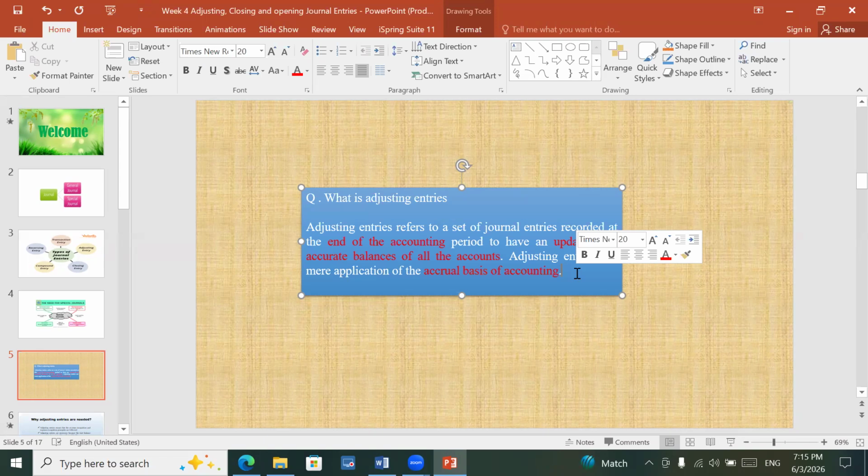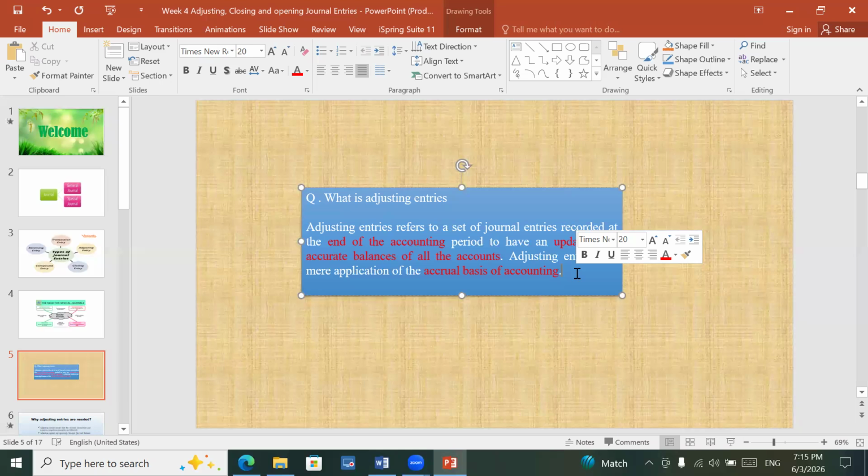So to be an adjusting entry, there must be three criteria. Number one, the adjusting entry is made at the end of the accounting period. Number two, to know the updated balance of all accounts. Number three, the adjusting entry follows the accrual basis.